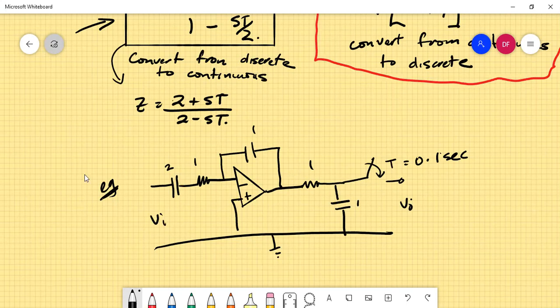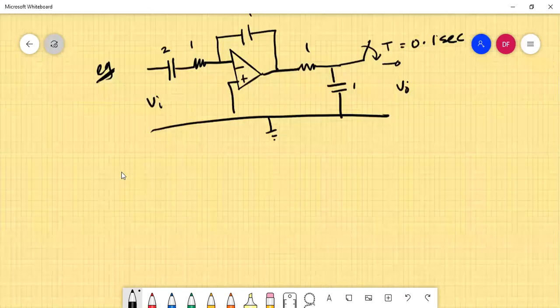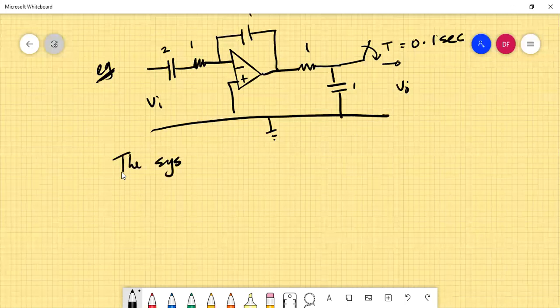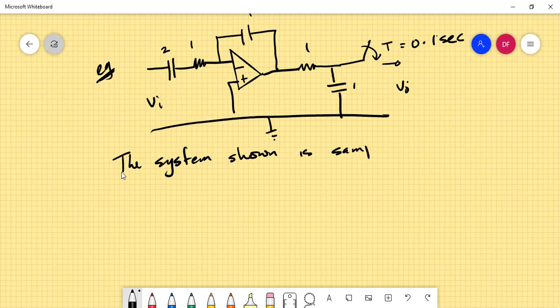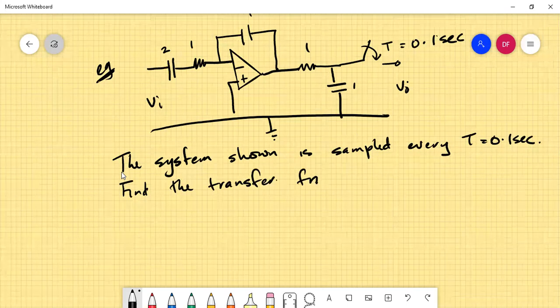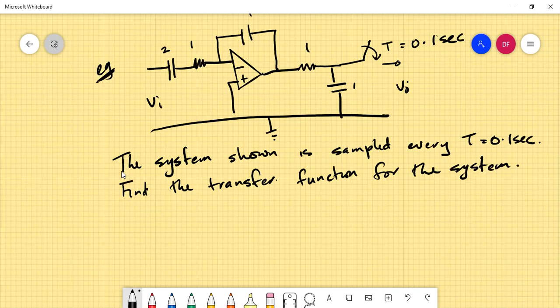So we have a system that is sampled every... All right, so we have that system here, and we want to find the transfer function, the z transfer function for the system, not the s, the z.